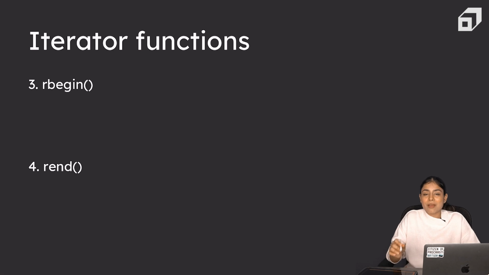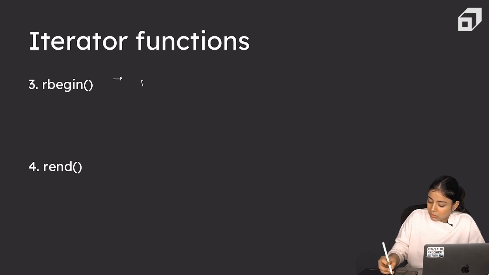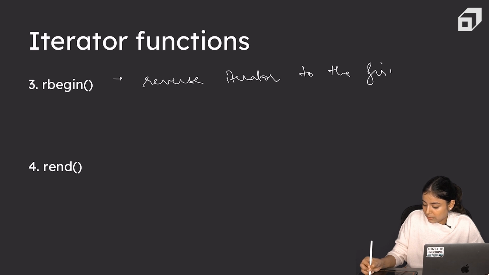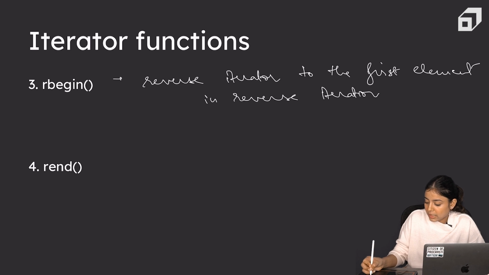Similarly, we also have r begin and r end functions. What they do is r begin will return me a reverse iterator to the first element in reverse iteration. What do I mean by that?